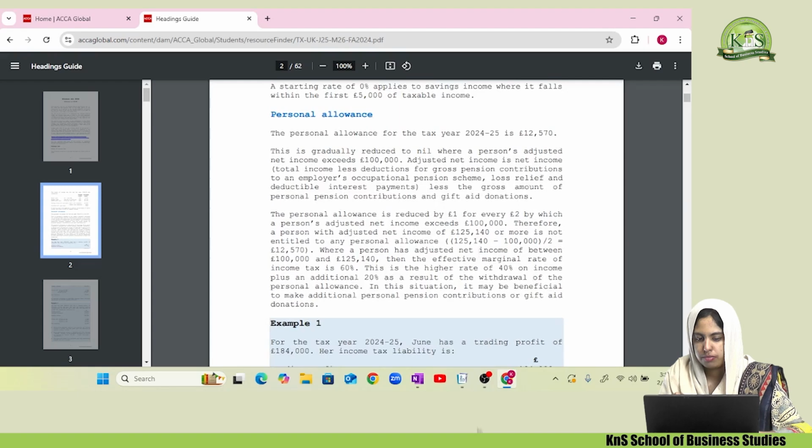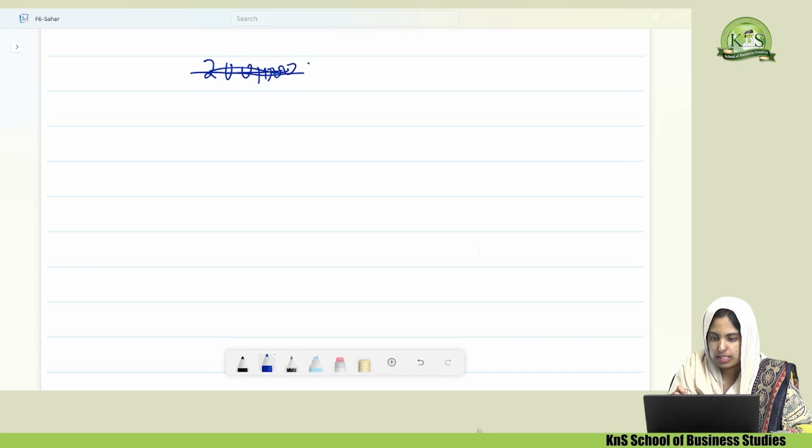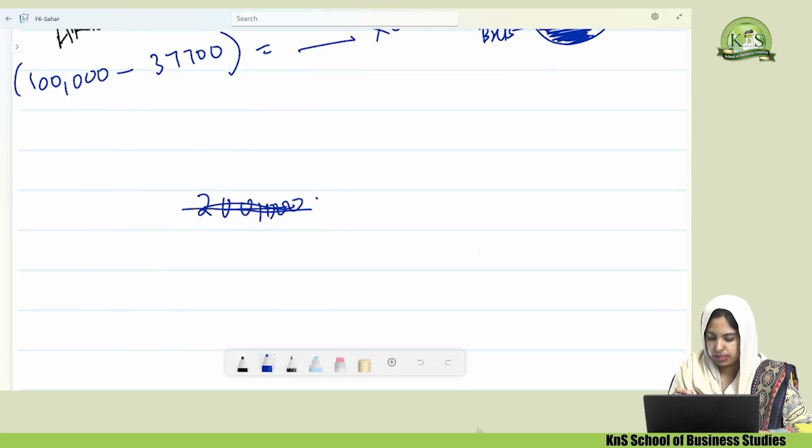Then we have the personal allowance. Personal allowance basically works as your tax reducer. It is going to reduce your income tax liability. For 24-25, the personal allowance is 12,570. Let's say, sorry, let's not take this 2 lakh example. Let's suppose 60,000 is my taxable income.